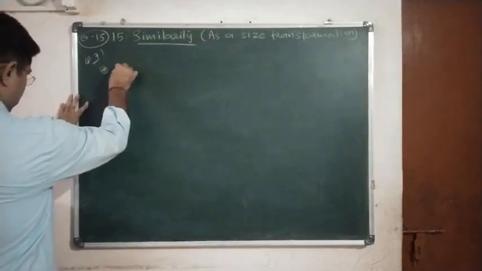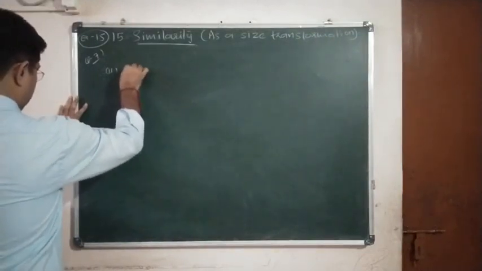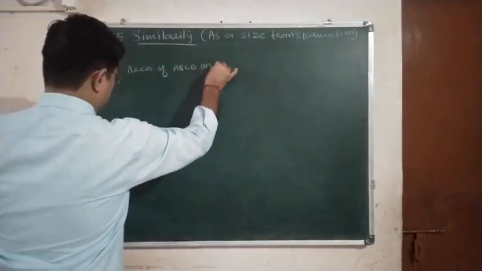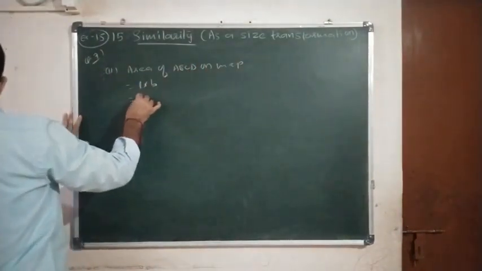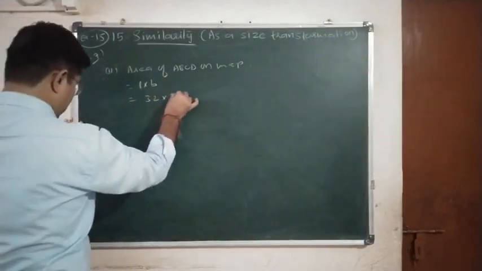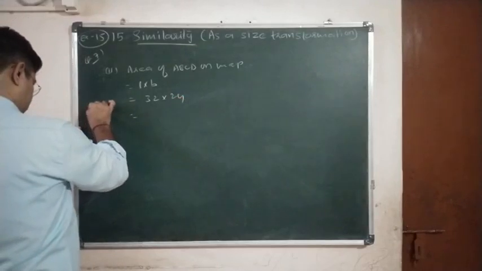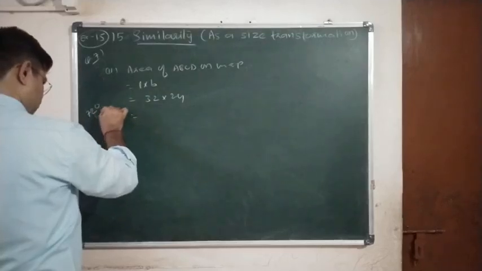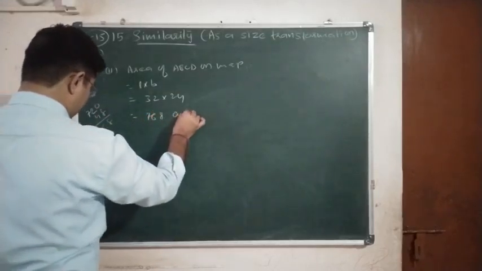Okay, now number 2, area of ABCD on map is L into B. So length AB was 32 into 24. 768 square centimeters.